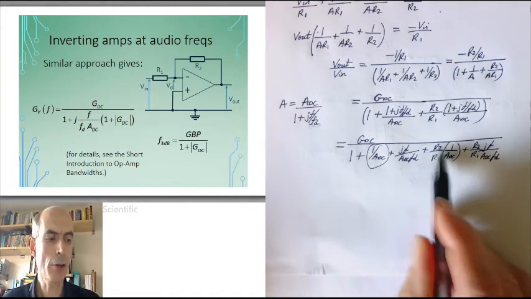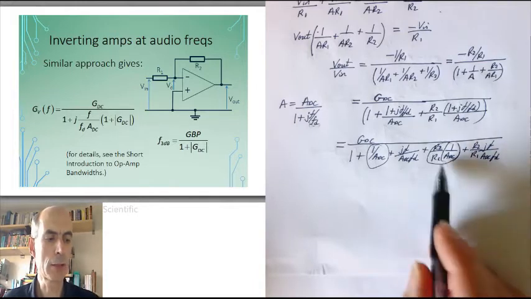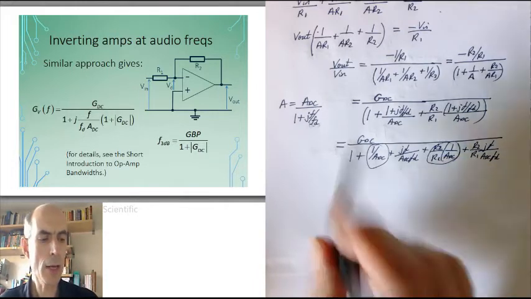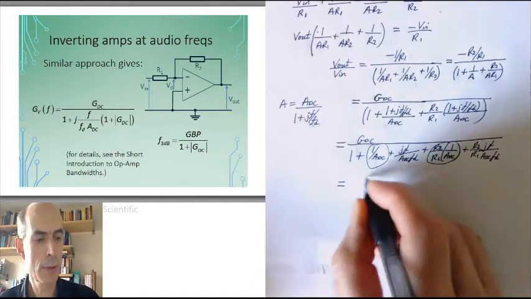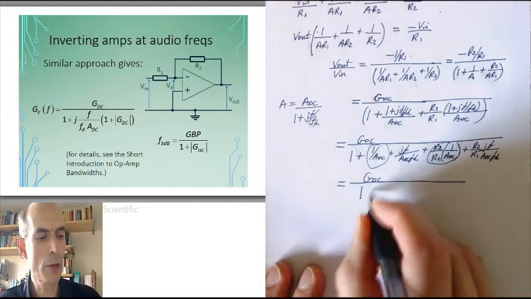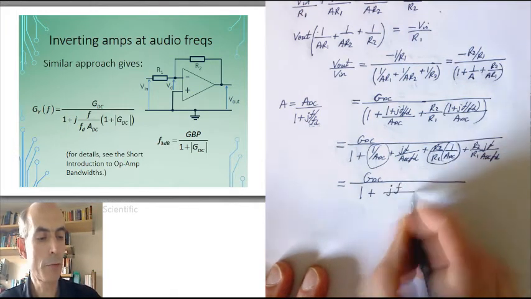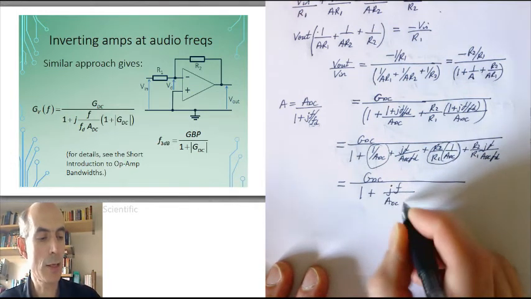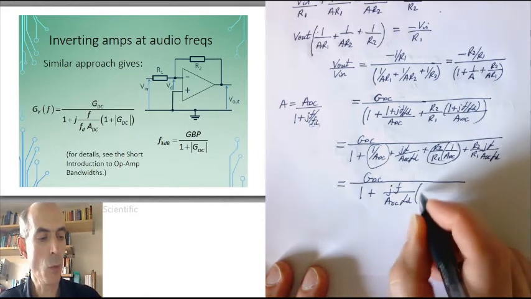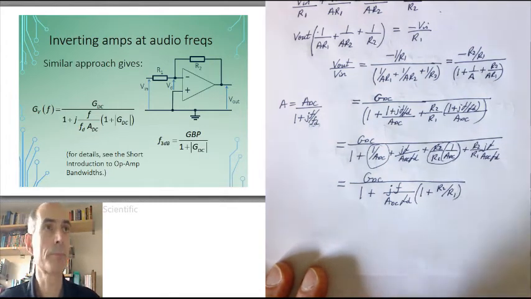So if I take that 100 and divide it by hundreds of thousands, this term is going to be negligible as well. That just leaves us with this: the gain at DC divided by 1 plus j f over ADC Fd times 1 plus R2 over R1.